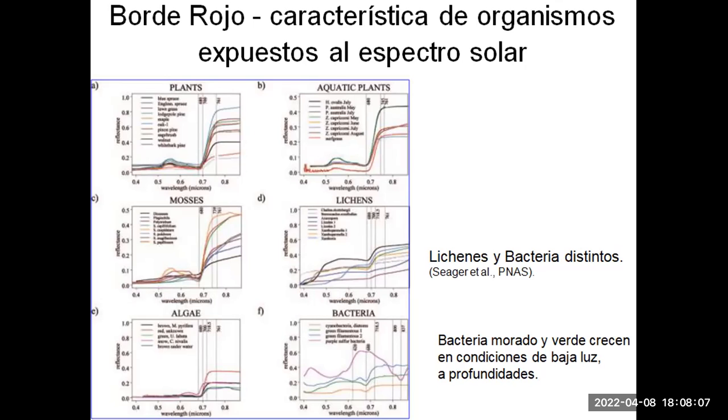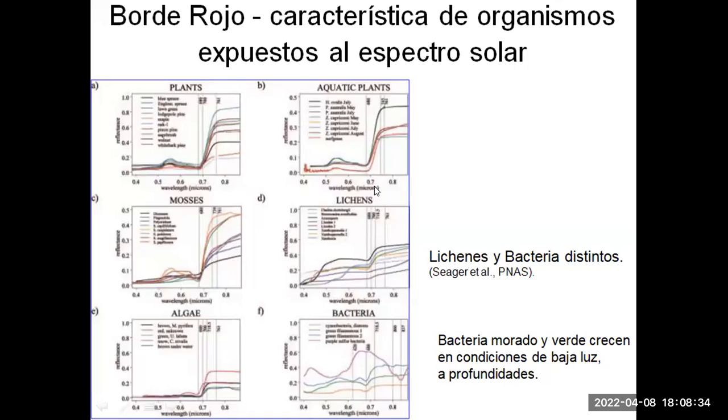When we get to lichens, we see that the red edge is not so well defined here, and we'll explain why that is in a moment. But algae, for instance, also have a well-defined red edge. But bacteria, for example the purple and the green bacteria, which live best in low conditions of light, do not have a red edge.